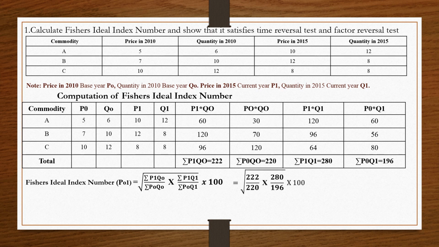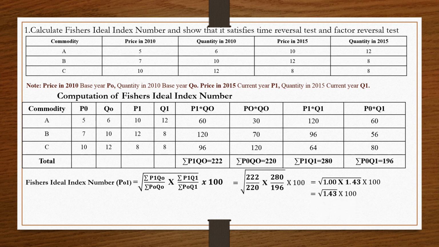So square root of summation of P1 Q0, 222, divided by summation of P0 Q0, 220, into summation of P1 Q1, 280, divided by summation of P0 Q1, 196, into 100. Then we get square root of 1.00 into 1.43 into 100.